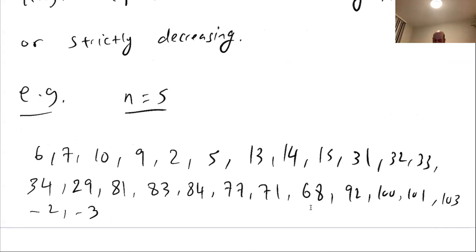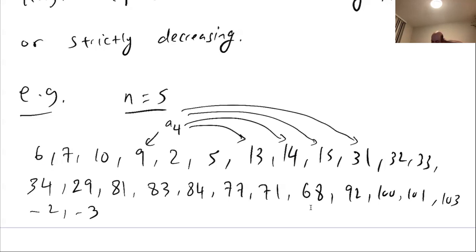So for example, let's say I start with 9, which is going to be A4 basically. Let's say I want to choose something increasing, so A4, then let's say 13, 14, 15, 31. A4 is less than 13.